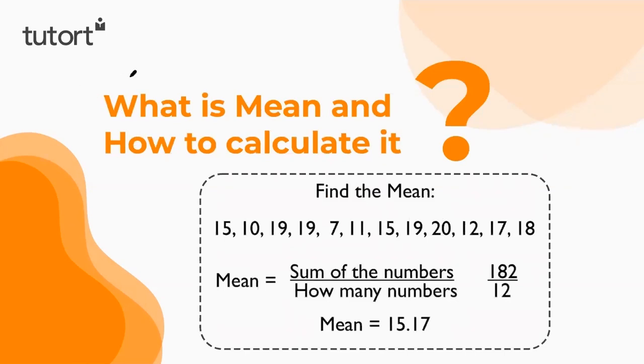So what is mean? Mean is nothing but average. It's nothing but the average value of the data points we are considering. And the formula of mean will be the summation of i equal to 1 to n of x of i, where x of i represents all the data points, divided by n.